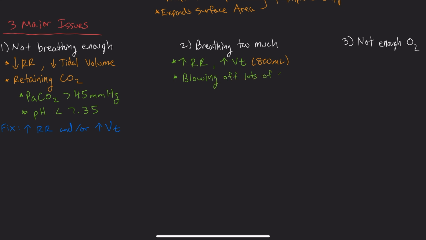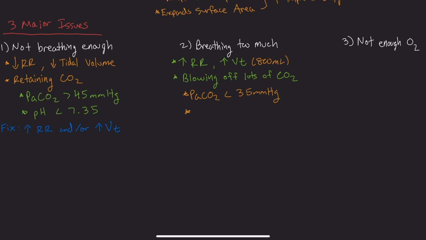Lots of CO2, so the opposite of retaining. Okay, so if they're blowing off lots of CO2, what's that going to look like here? And we know they're going to have a decreased partial pressure of carbon dioxide. So we said it's normally 35 to 45, so this will be less than 35 millimeters mercury.